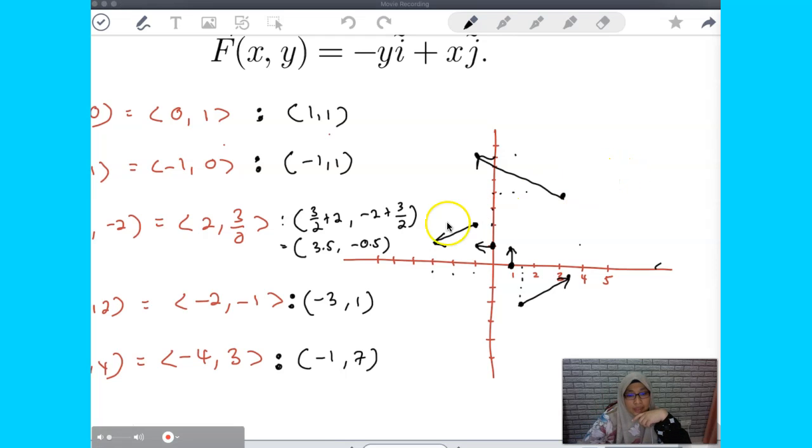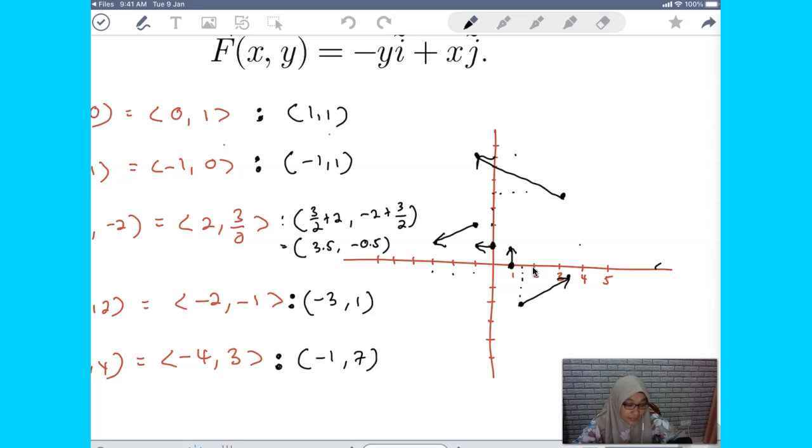Okay, so you can see that some of them have a different length of the arrow. It depends on the magnitude of your vector. Okay, so these are examples. So if you have very many points, then you can see the pattern of that vector field.